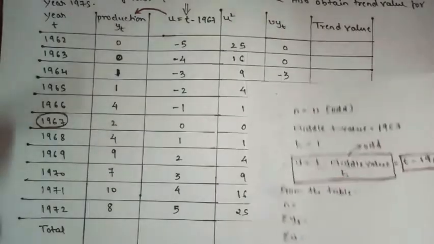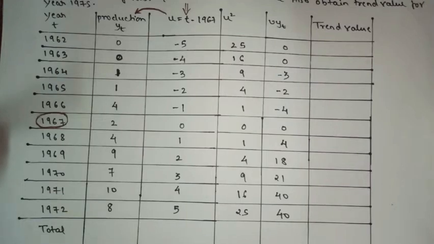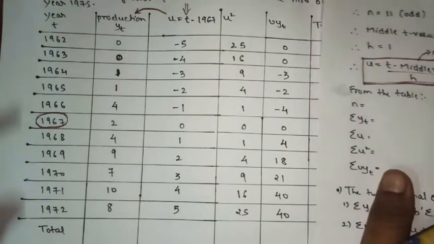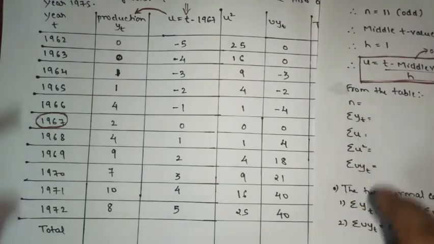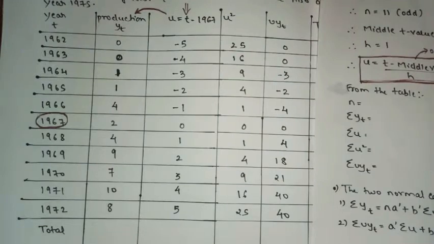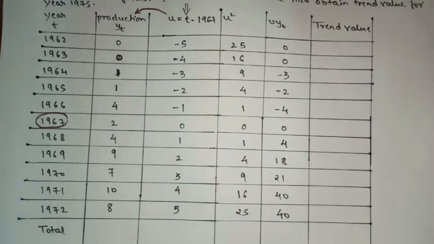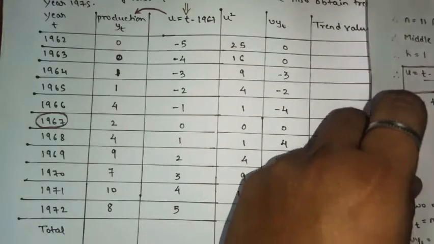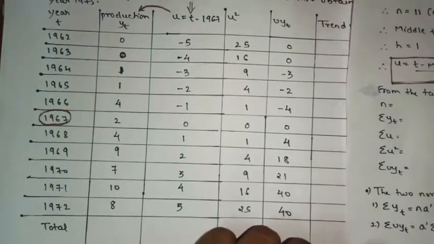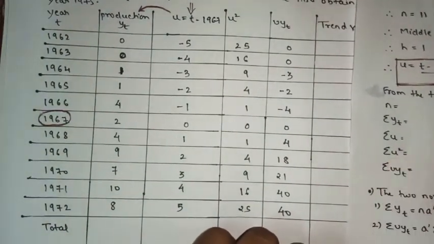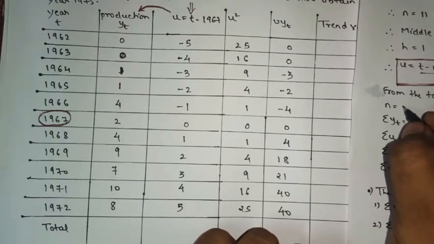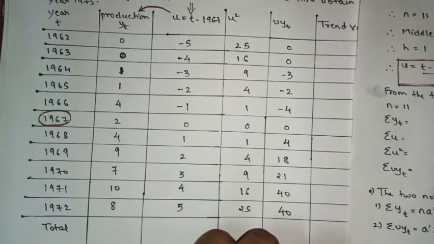Okay, now we'll find the totals. Okay, so let's begin. We'll check here. First, n is what? First n, yes or no? So n is 11.